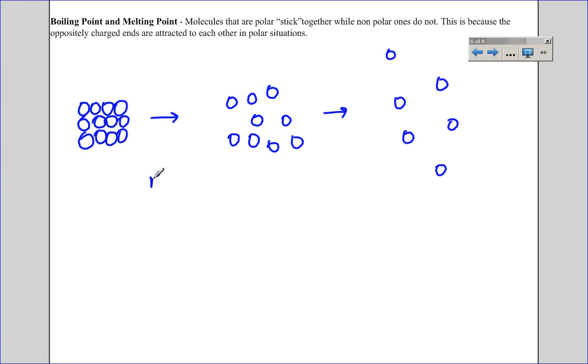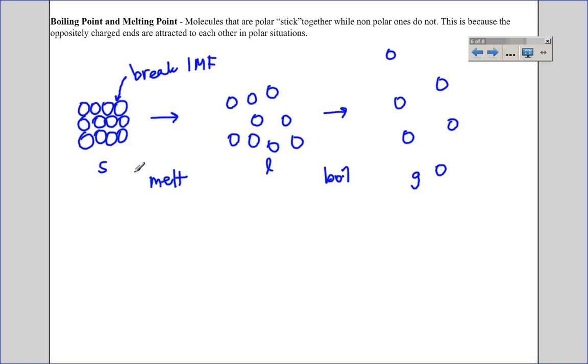And if you want to melt something, you're going to go from a solid to a liquid. And if you want to boil something, you're going to go from a liquid to a gas. Now, what's really important in your discussion of these properties of melting and boiling is that you express the fact that when you want to melt something, you need to break intermolecular forces.